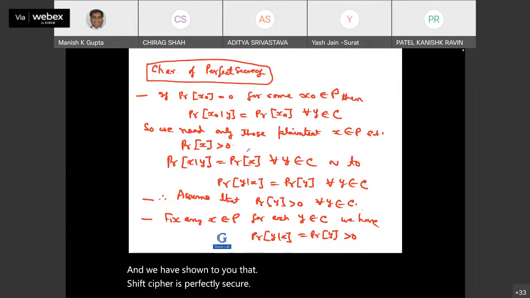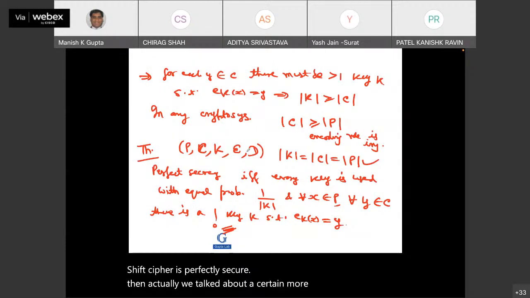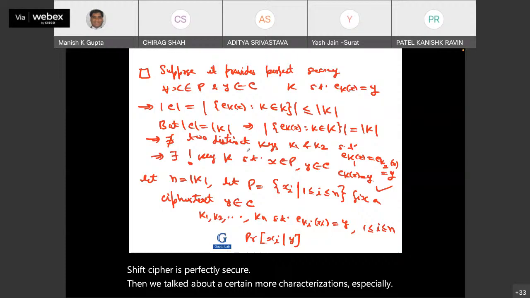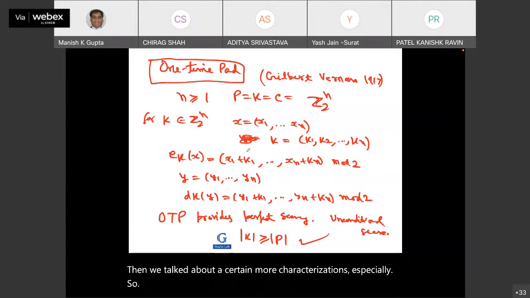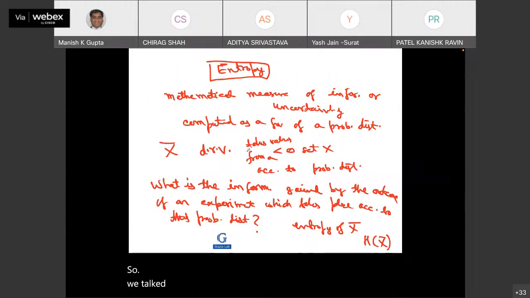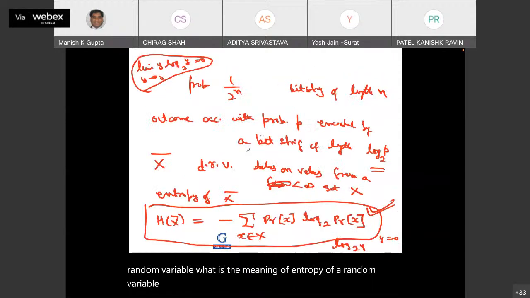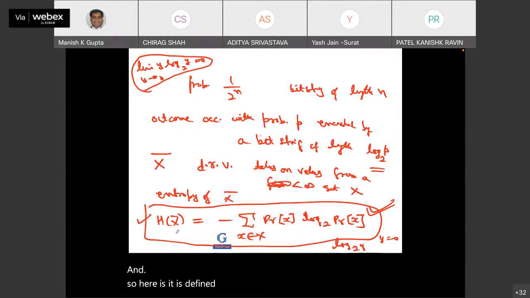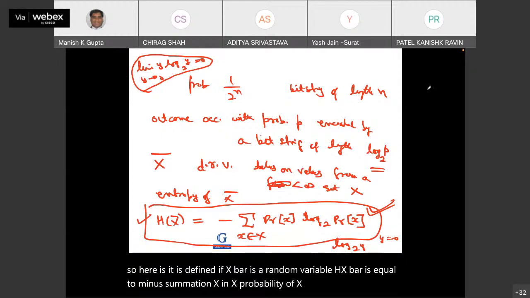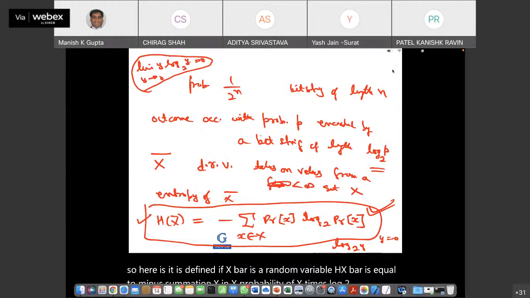Then we talked about certain more characterizations, especially the entropy of a random variable. If X bar is a random variable, what is the meaning of entropy of a random variable? Here it is defined: if X bar is a random variable, H(X bar) is equal to minus the summation over x in X of probability of x times log base 2 of probability of x, right?